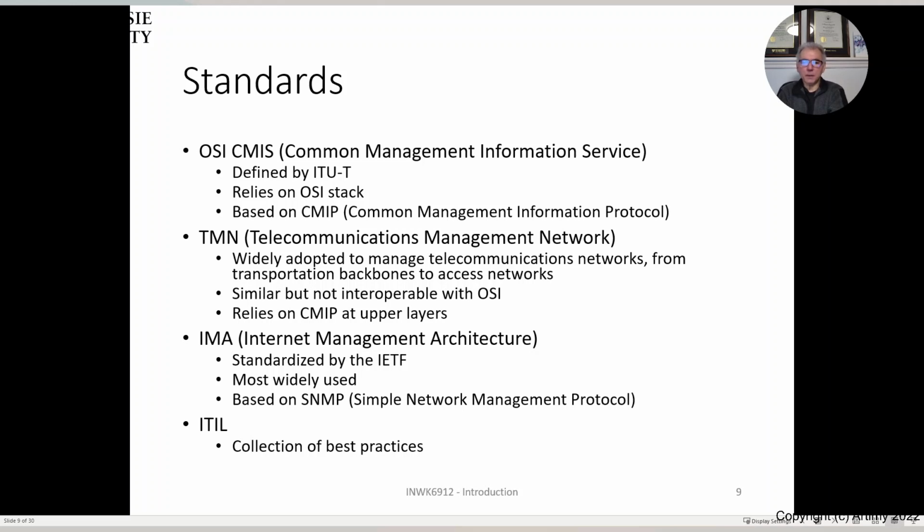We have the internet management architecture. There is no standard called the internet management architecture, I don't think so. What we have is something called the SNMP, which is the protocol itself, and it is the most widely used protocol in network management.